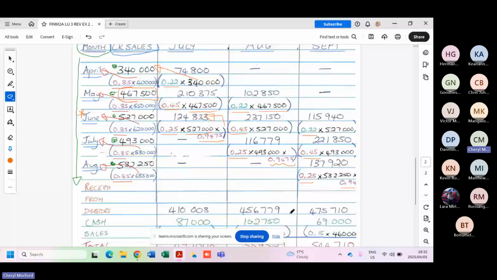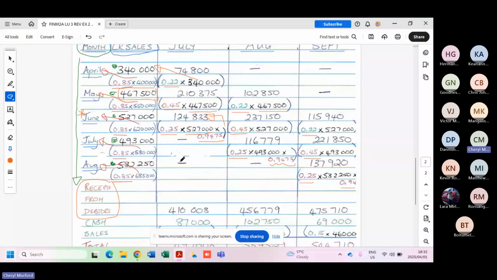Now, we're almost done. We are now going to say that's all of the money that is coming in from the debtors. So notice over here, I've got myself a heading, receipts from debtors, and I'm now going to go month by month, and I'm going to add vertically downwards. So let's just explain for July. 74,800 plus 210,375 plus 124,833.